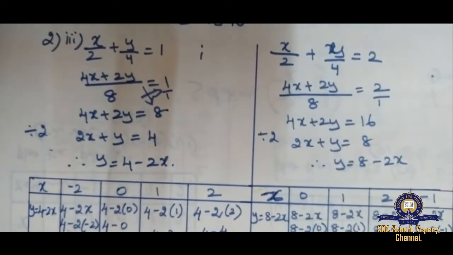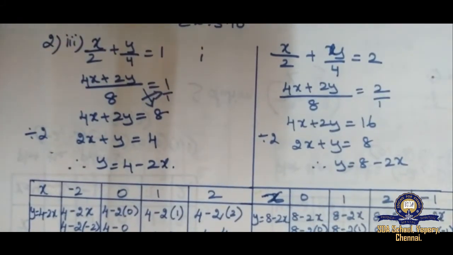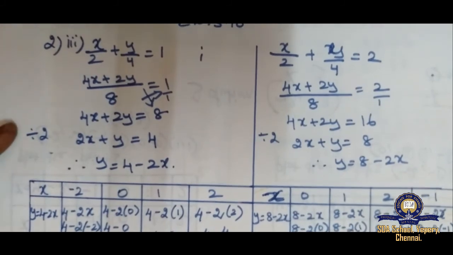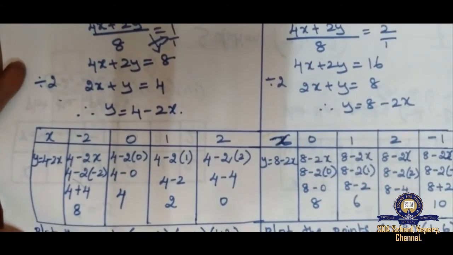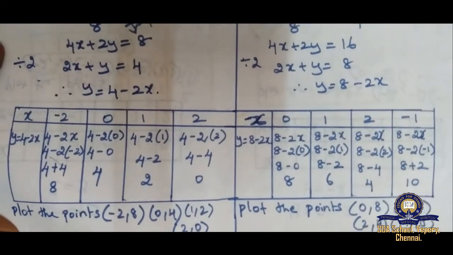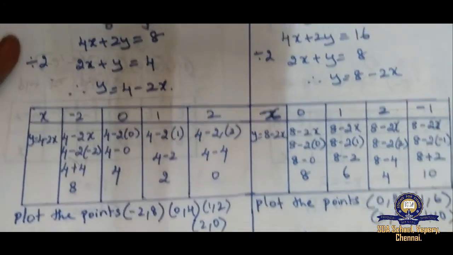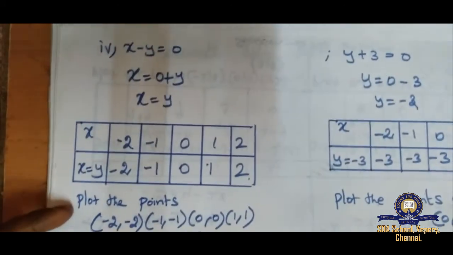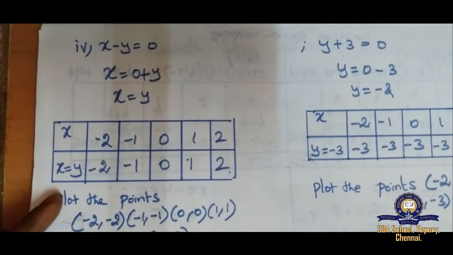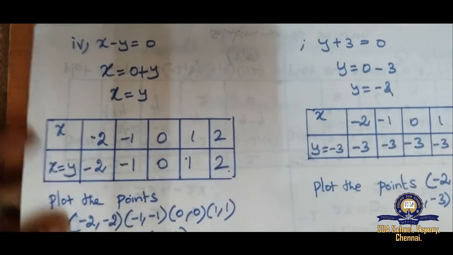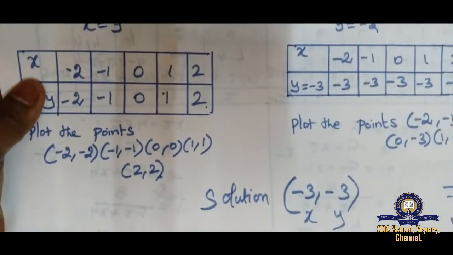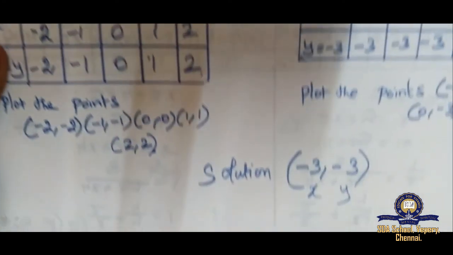This is the first sum we saw today, x by 2 with the fraction sum, tabular column part. Then finally you should write a solution. Next sum, x minus y is equal to 0, then y is equal to minus 3. Then with that, plotting the points, solution is minus 3 comma minus 3.